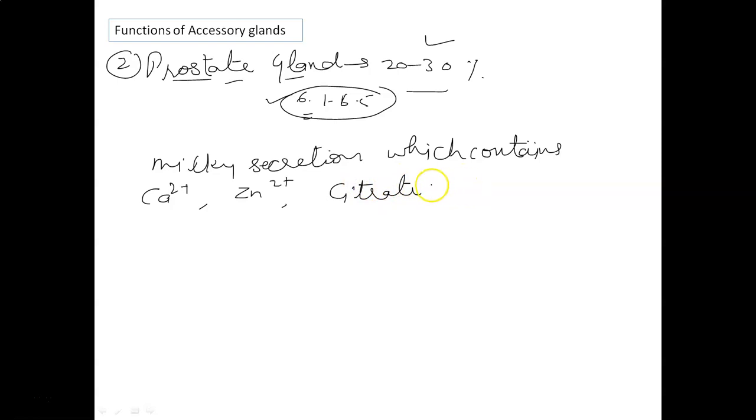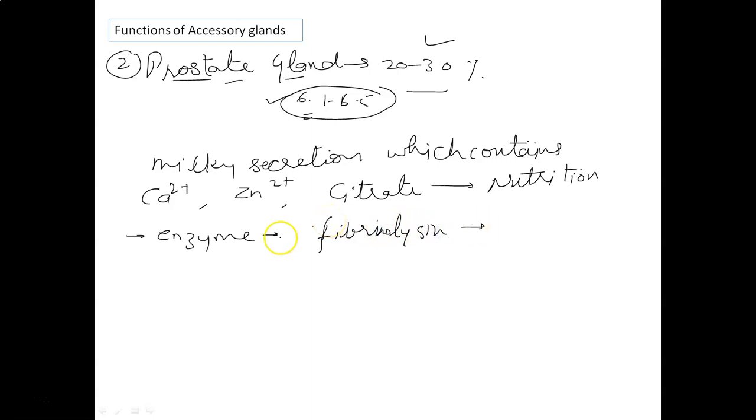So that would be providing nutrition, of course. And it also helps through the enzymes which are secreted, that is fibrinolysin. Now what is the function of this fibrinolysin?